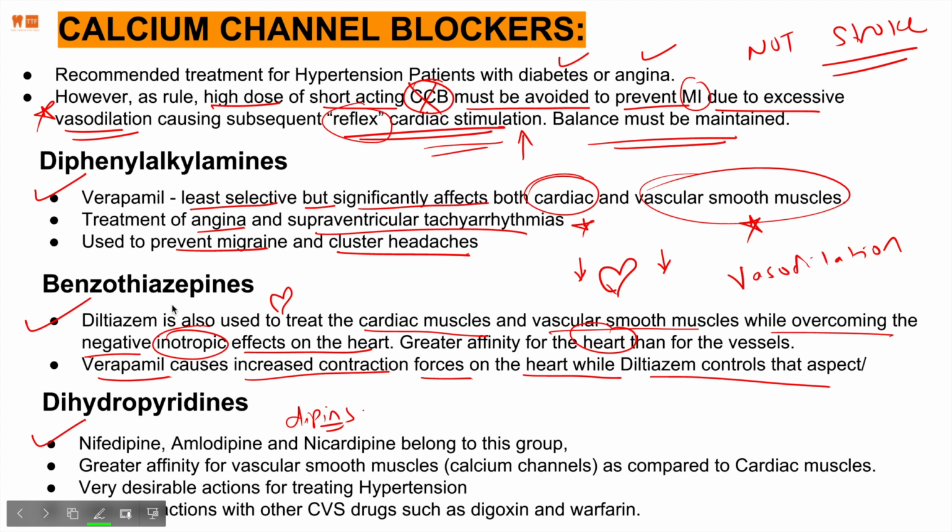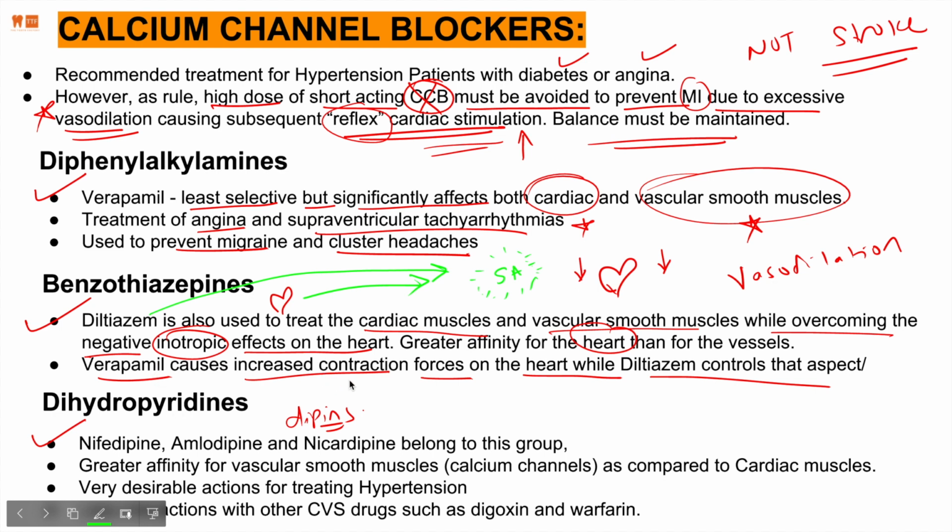Okay? Diltiazem, it treats cardiac muscles by overcoming negative inotropic effects. Inotropic means to produce a shock in the SA node of the heart. Okay, it overcomes that. It relaxes it. Therefore, there is a greater affinity for diltiazem on the heart itself.